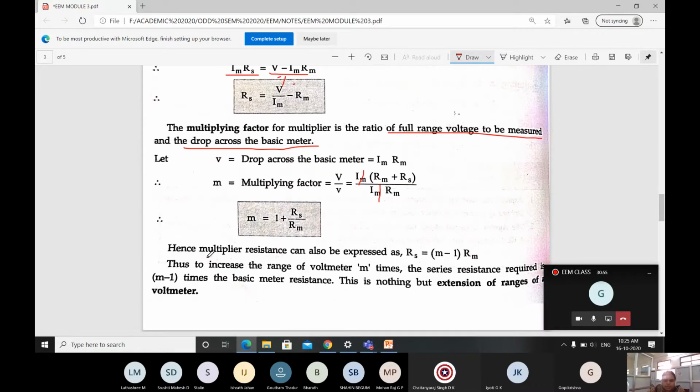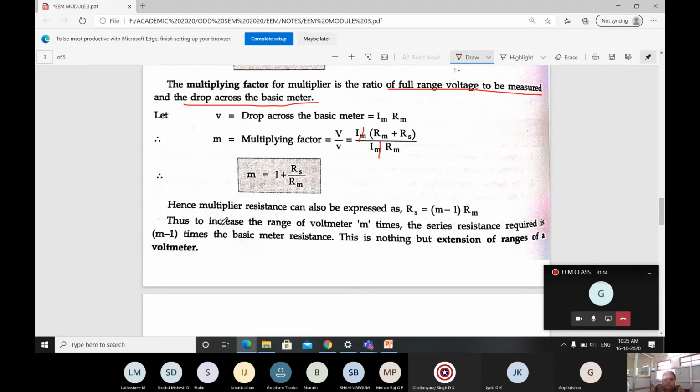Hence, the multiplier resistance can also be expressed as Rs equals M minus 1 into Rm. In the shunt case, it is taken as 1 divided by M minus 1 into Rm, right? In the same way, here it is multiplying. Therefore, to increase the range of the voltmeter M times, the series resistance required is M minus 1 times the basic meter resistance.